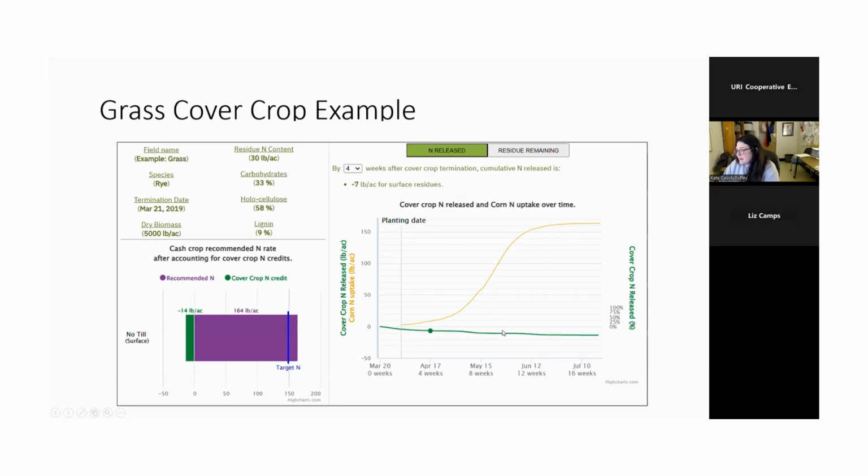And the green line is the cover crop nitrogen released. What happened here was no cover crop nitrogen was released from the rye, right? So the rye had a bunch of biomass, a bunch of carbon in it, fairly low nitrogen, and you didn't get a lot of nitrogen release. But that's okay, because you were growing your rye for organic matter or some other need, right? But you know that you need to apply more fertilizer nitrogen in this situation.